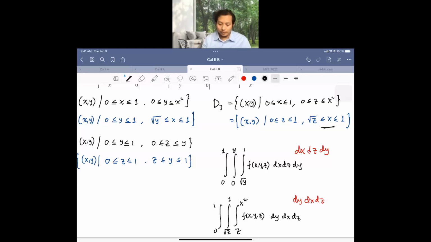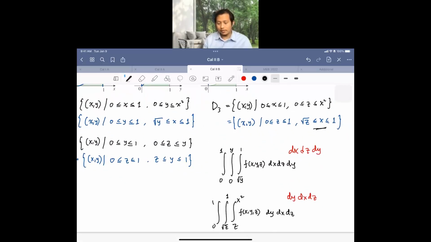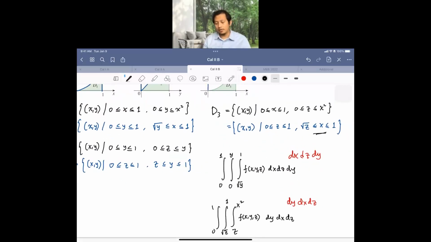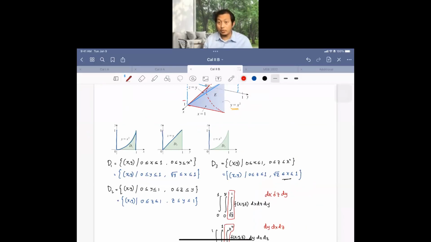Okay, you could also imagine that the main point here, for this case, and this case, the main essential is that we are going to imagine the upper surface and the lower surface of the E. Okay.